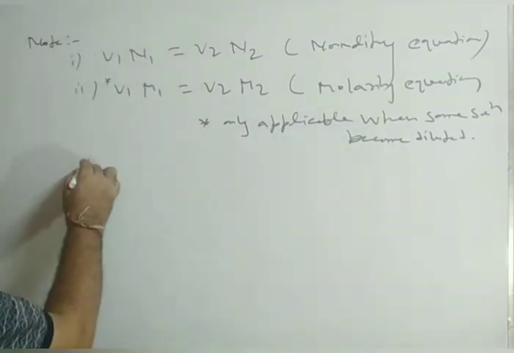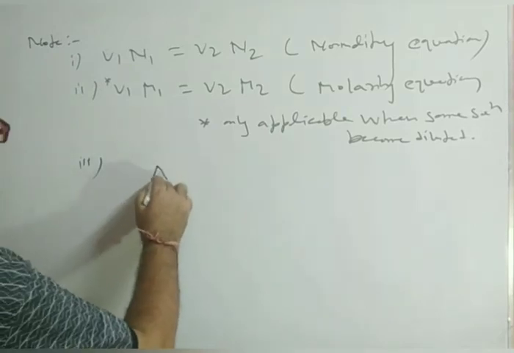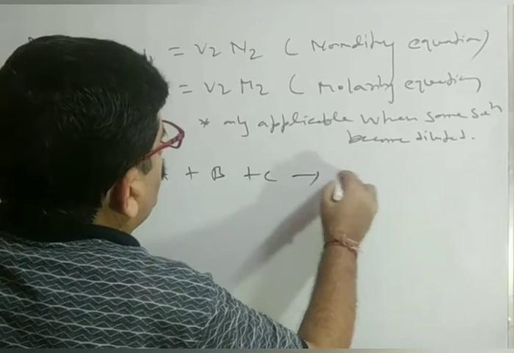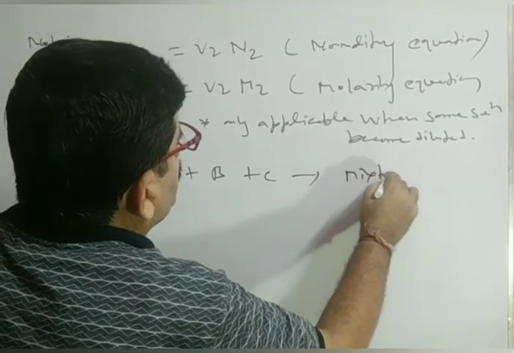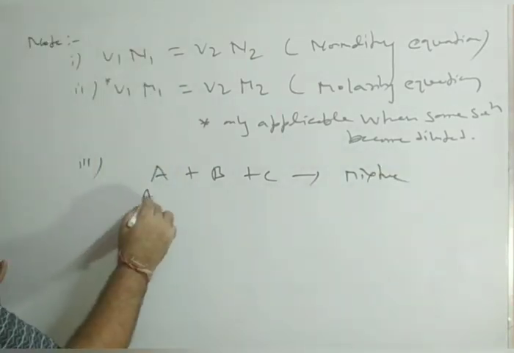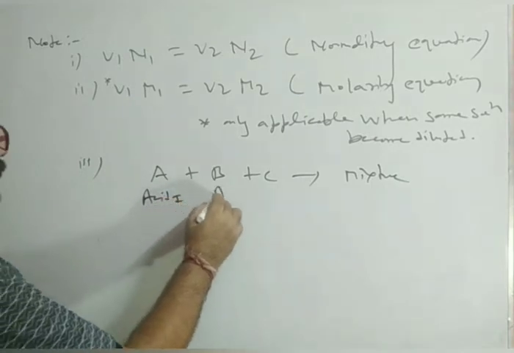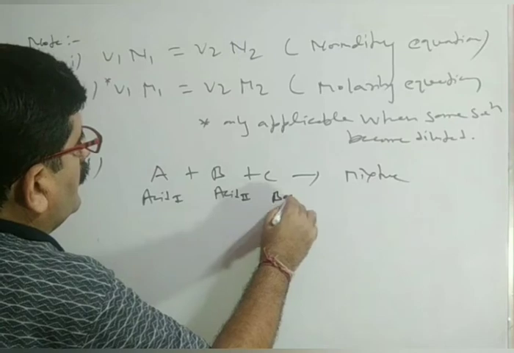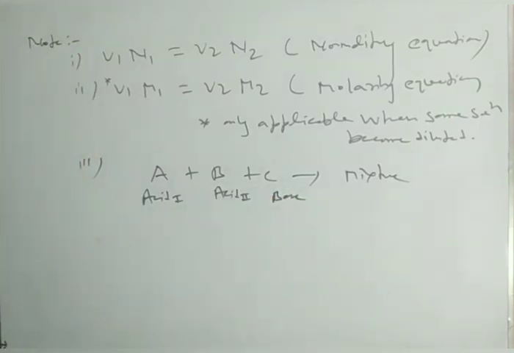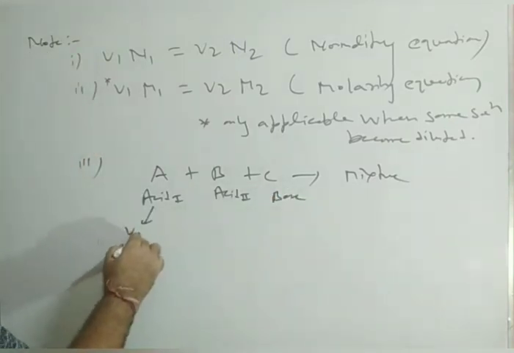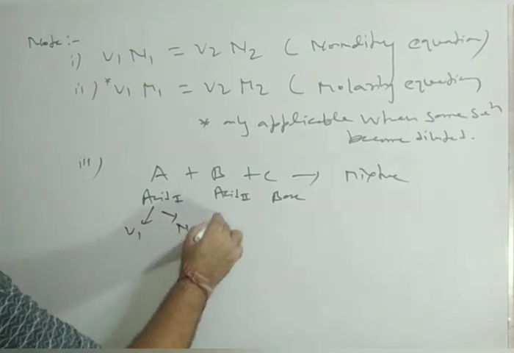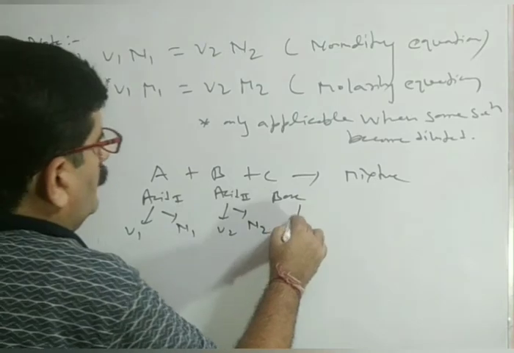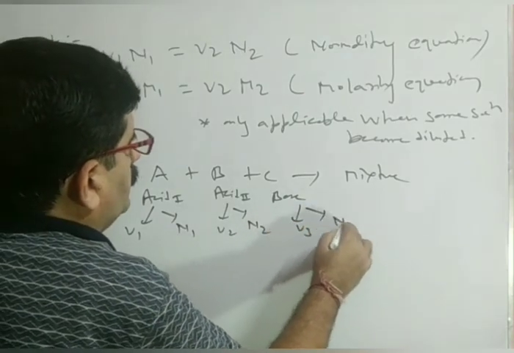Third one, suppose A plus B plus C form a mixture. Here, acid 1, acid 2, base. We can write what? Suppose volume V1 normality N1, volume V2 normality N2, volume V3 normality N3.